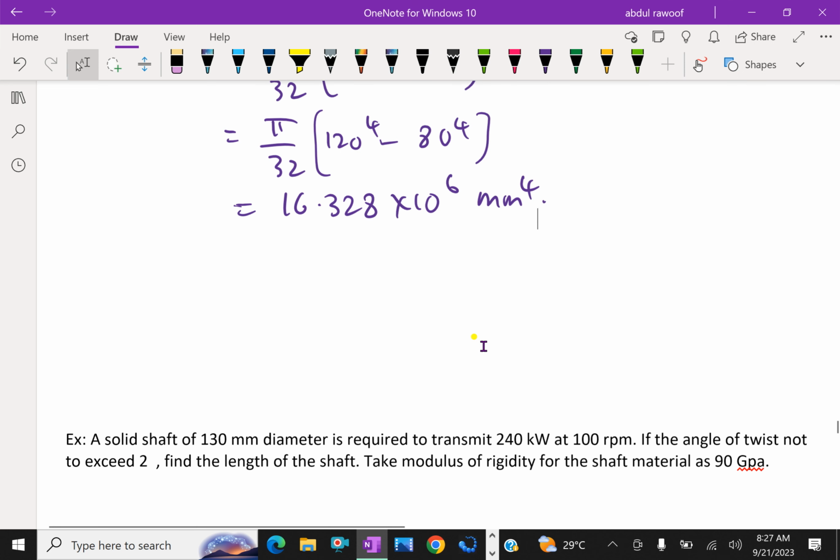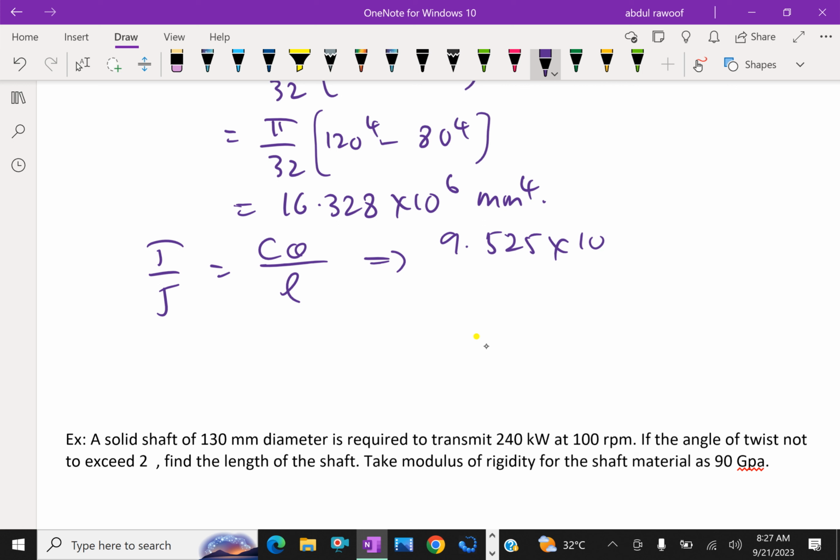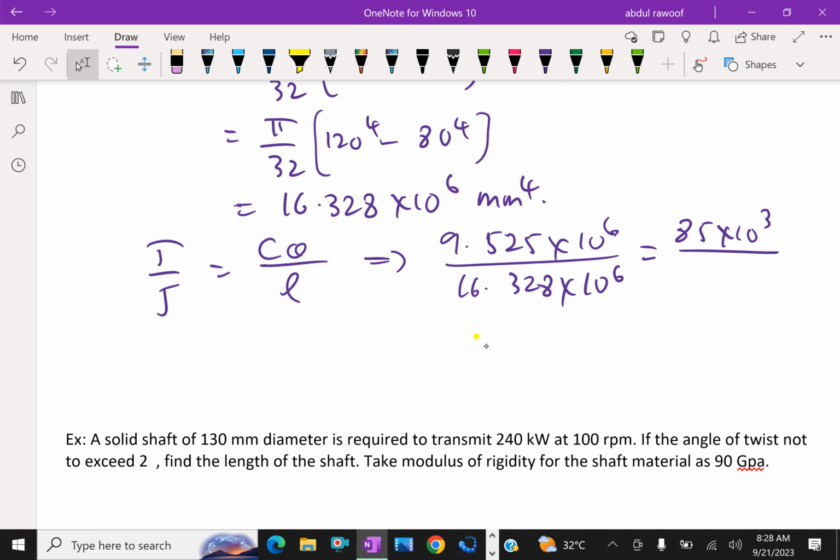Now the relation T by J equals C theta by L. Apply T as 9.525 into 10 power 6 over 16.328 into 10 power 6, equal to C theta by L. C is the modulus of rigidity, 85 into 10 power 3, over L, which is 1 meter, that is 1 into 10 power 3 mm, into theta.